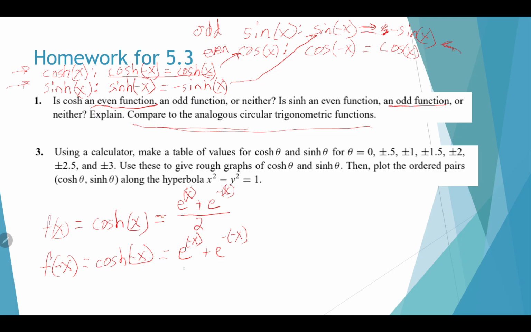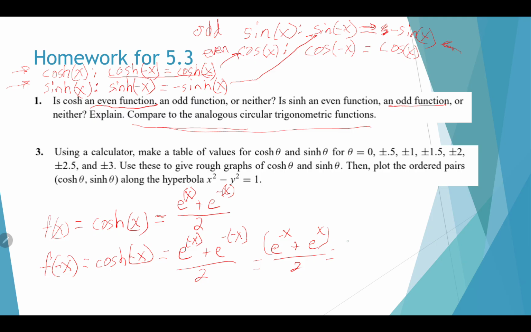We say, okay, what happens? Over 2. Well, this becomes e to the negative x plus negative and negative becomes e to the x. Well, now if I reorganize this, we know we have associative properties, so I can group this and reorganize this here.